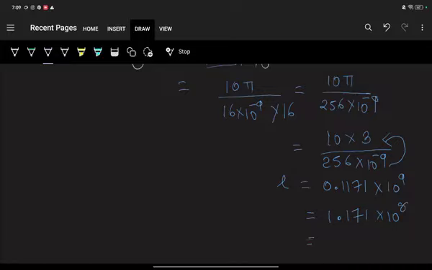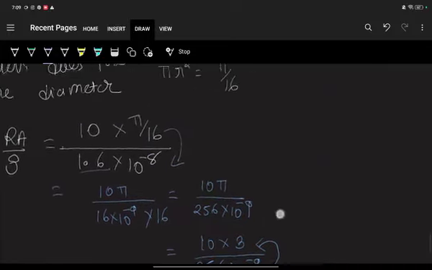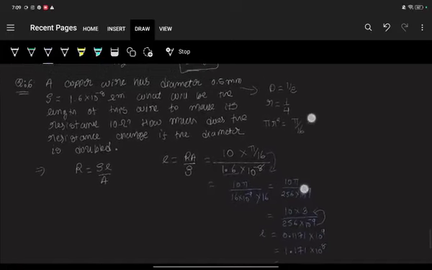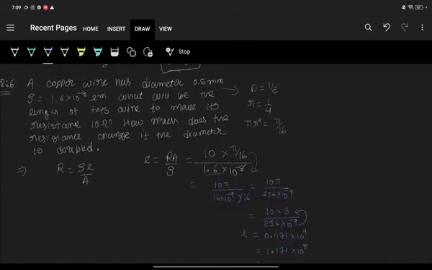But we have missed something. We made a major mistake. The diameter was in millimeter. So its radius will also be in millimeter. And to convert millimeter to meter, we just simply multiply with 10 raised to minus 3.